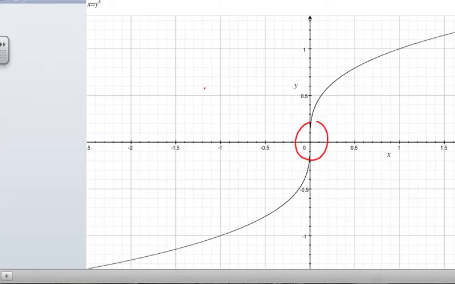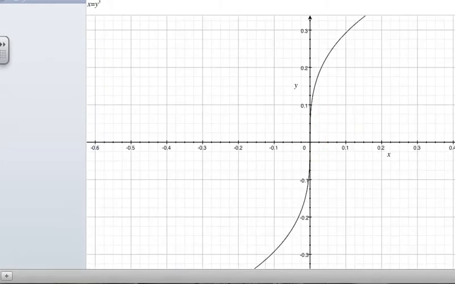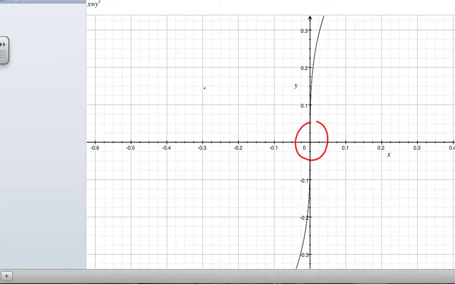Let's keep zooming in on it. And you will see what's happening is that as we come down, this is getting very close to here. But it doesn't actually cover 0 here, and then it comes back around over here. It's very close to it, but it's not at it. So this thing does not fail the vertical line test. So this is actually a function.